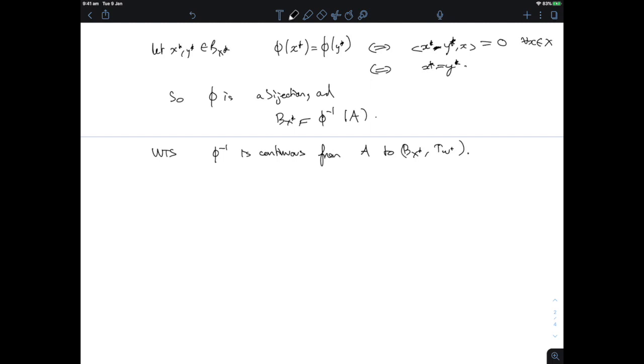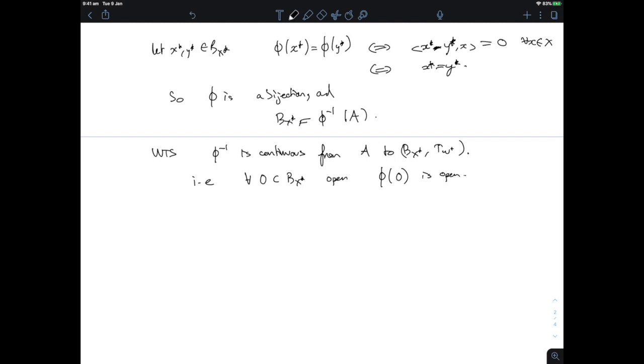And well, phi minus 1 being continuous really means that phi minus 1 sends open set to open set, and phi minus 1 is phi. So we need to show that for every, let's call that O included in B of x star that is open, phi of O as an element of this infinite product is open.